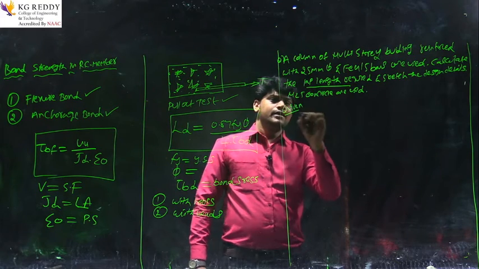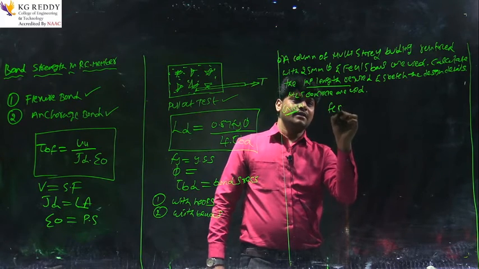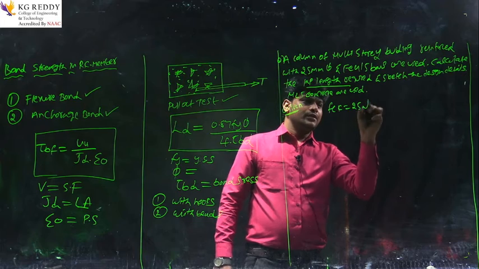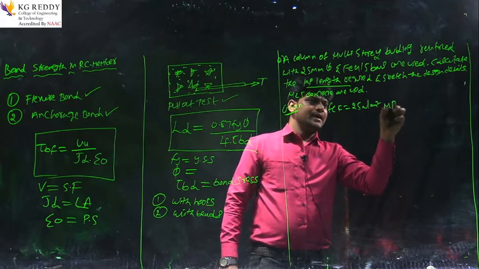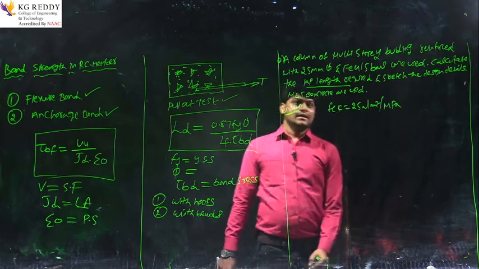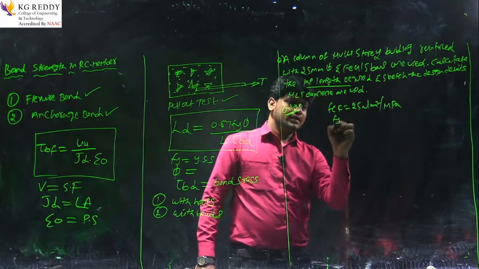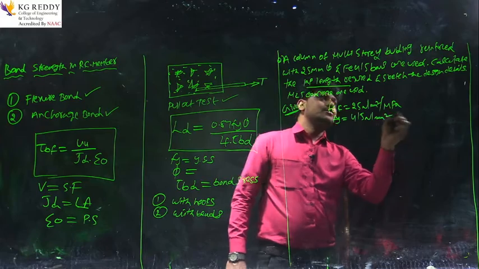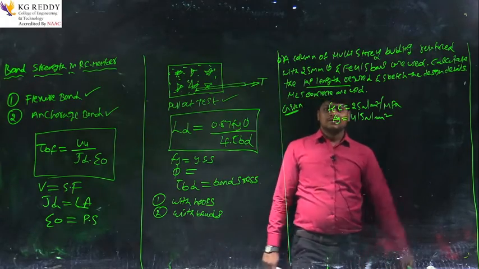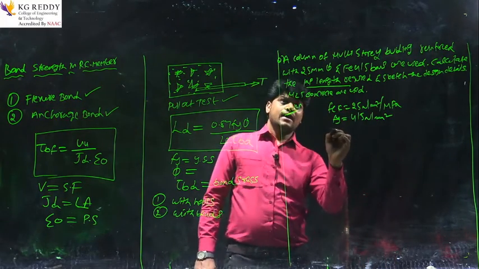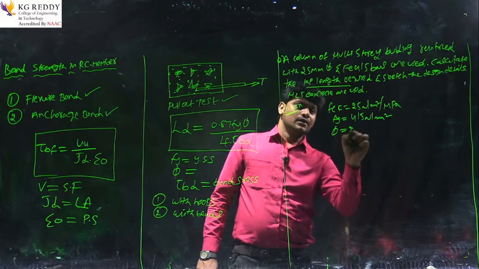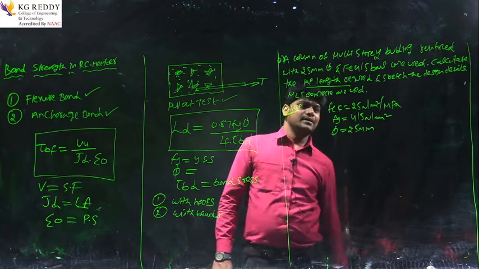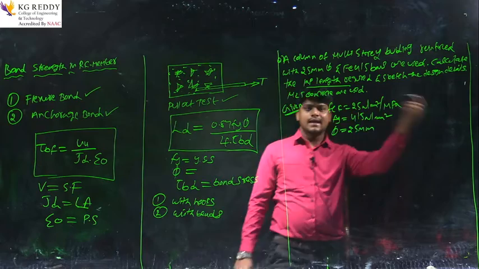Given data: fck is 25 N/mm² (MPa). The yield strength of steel, fy, is 415 N/mm². The diameter of the bar is 25 mm. You can calculate the lap length.